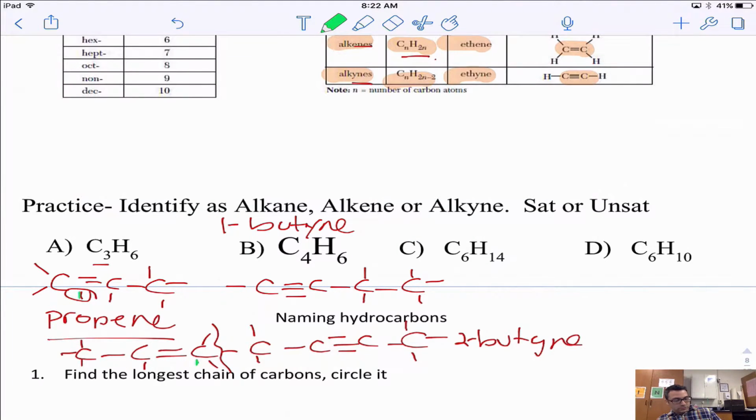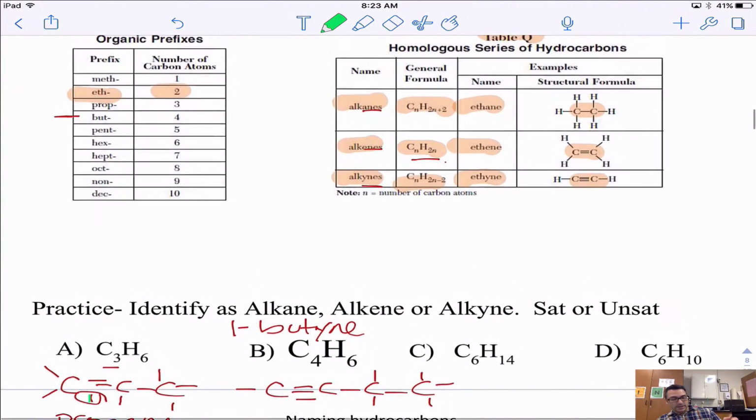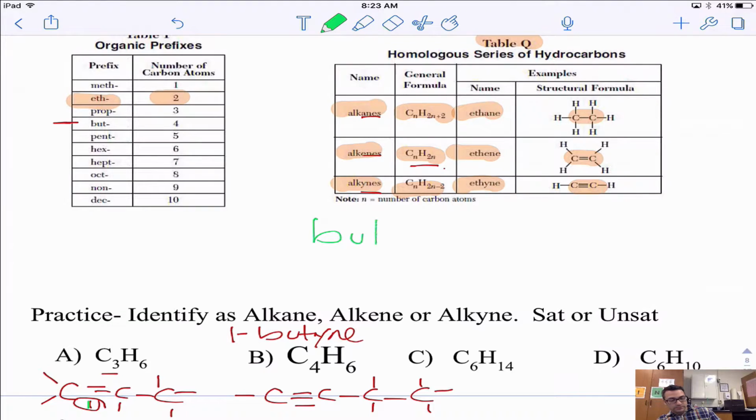And these two here, whether it's one there or one there, would not matter because it would still be on the first carbon. The general rule is that when you have but or higher, you need to number where the double or triple bond is.